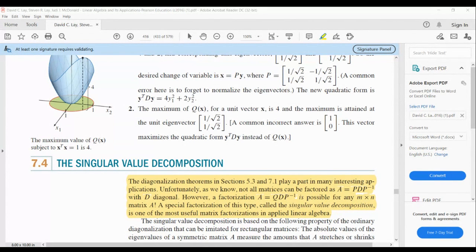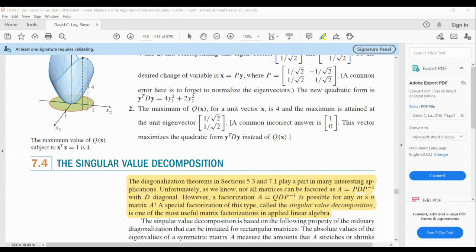So you learned about diagonalization, taking a matrix A and writing it as, for instance, P times D times P inverse. That was section 5.3. And then in section 7.1, if you had a symmetric matrix, you could write the matrix A as P times D times P transpose.